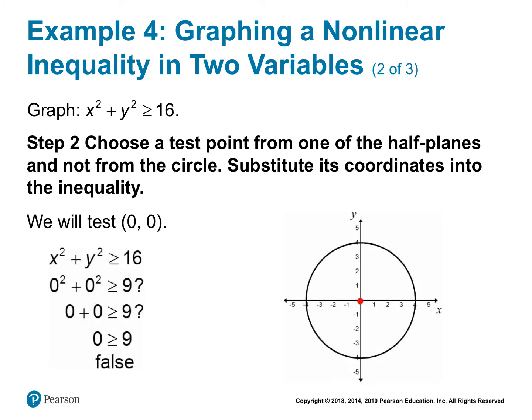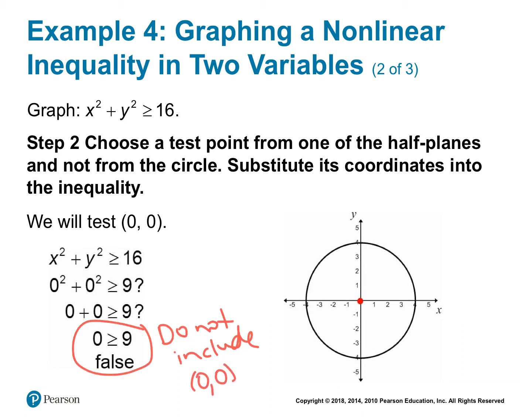So this one we will test 0, 0 because that's an easy point that's not falling on the circle. So you can see that when we replace those, we get a false statement. So we do not include 0, 0.